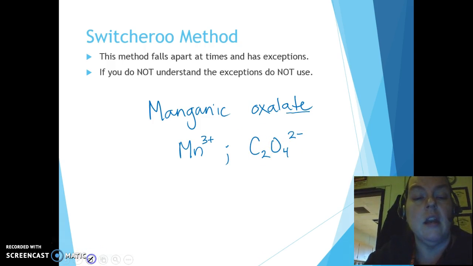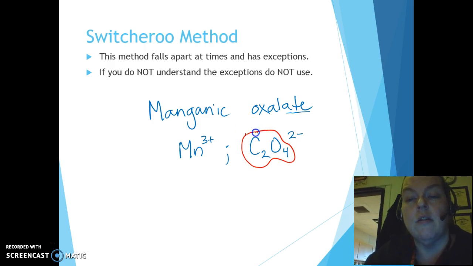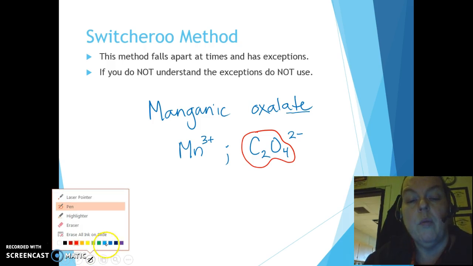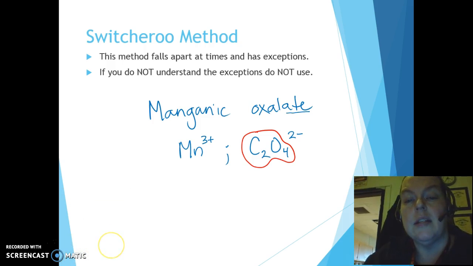And let's say again that this is our group. We cannot change our group. We must keep our group the same. We cannot do anything about that. So here we have a 3 plus and a 2 minus.